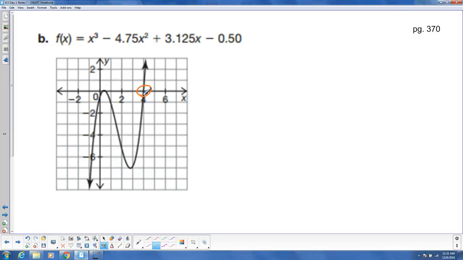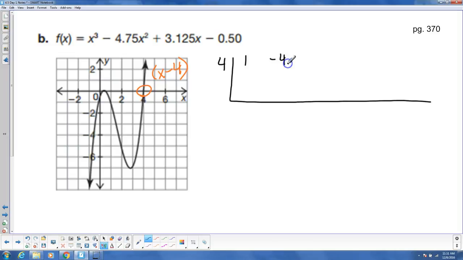0 at 4. Factor of x minus 4. So let's divide that 0 of 4 into the coefficients 1, negative 4.75, positive 3.125, negative 0.5.